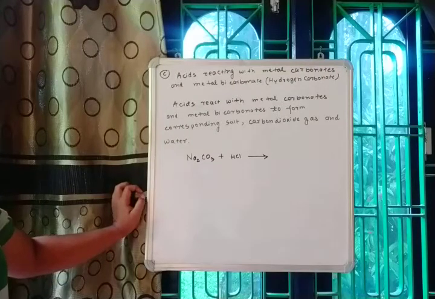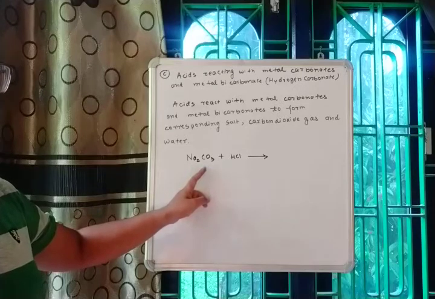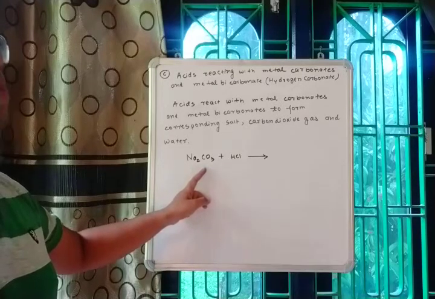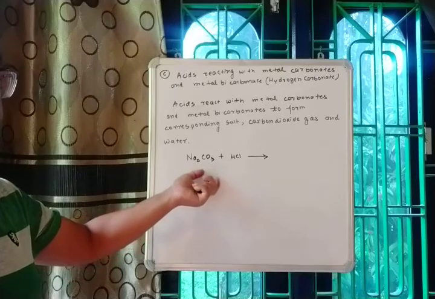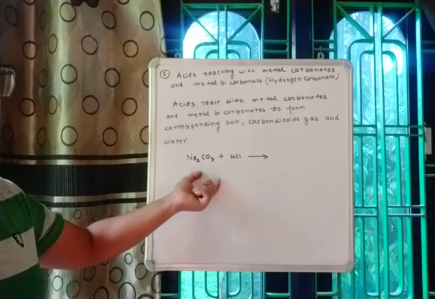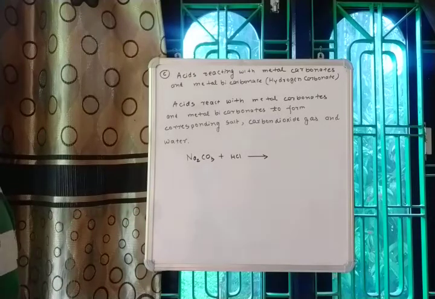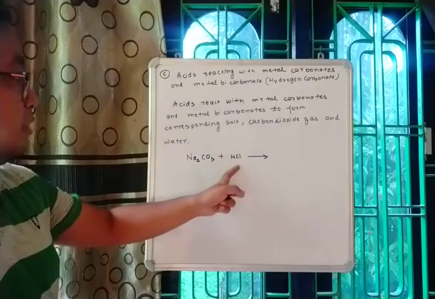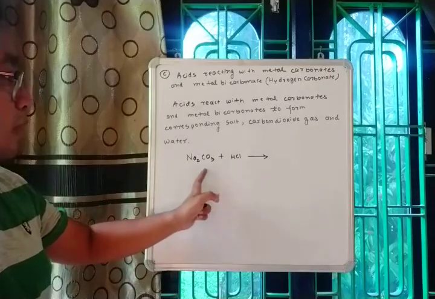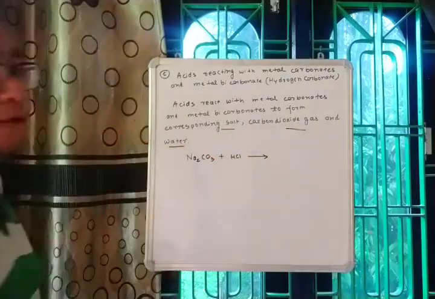When acid reacts with metal carbonate or bicarbonate, we are going to get the same kind of products. Whether it is carbonate or bicarbonate does not matter, the type of products will be similar. So whenever acid reacts with metal carbonate, it gives us corresponding salt, carbon dioxide and water. So we will have three products.